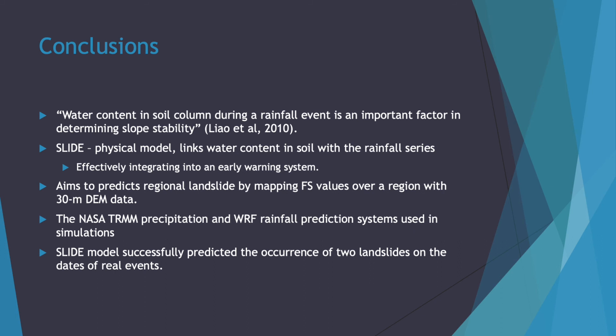Not to mention, it aims to predict regional landslides by mapping FS values over a region in which 30-meter DEM data had been mapped. Remember, the FS values are equal to the ratio of resisting forces over destabilizing forces on a soil slope. From this, we saw that the SLIDE model had successfully predicted the occurrence of 2 landslides on the dates of real events.